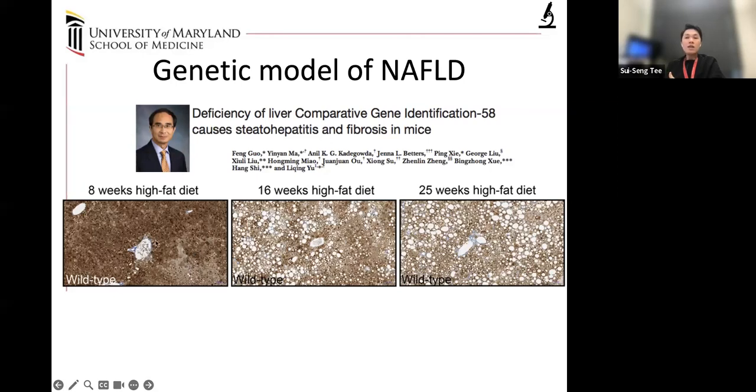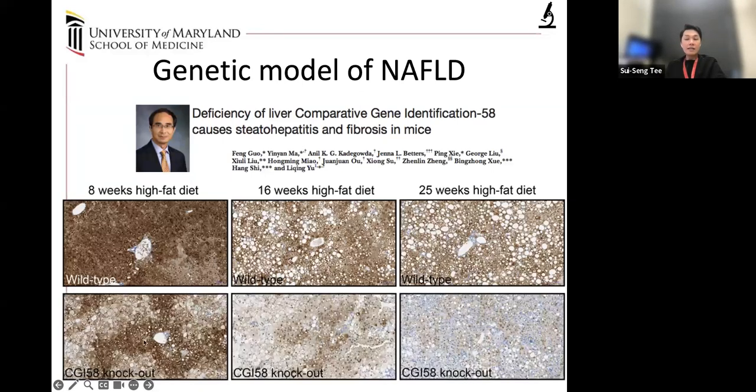When we try to detect the enzyme that breaks down fructose, we see that feeding high-fat diets downregulates KHK, so this supports our hypothesis. And in the CGI58 knockout mice, the phenotype is exacerbated. So when you lose the enzyme that breaks down fat, your KHK is down. When the liver is injured, it stops breaking down fructose.